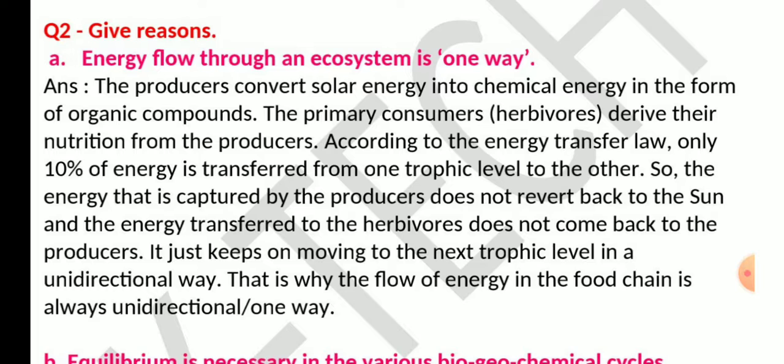Question number 2. Give reasons. First one. Energy flow through an ecosystem is one way. Answer. The producers convert solar energy into chemical energy in the form of organic compounds.